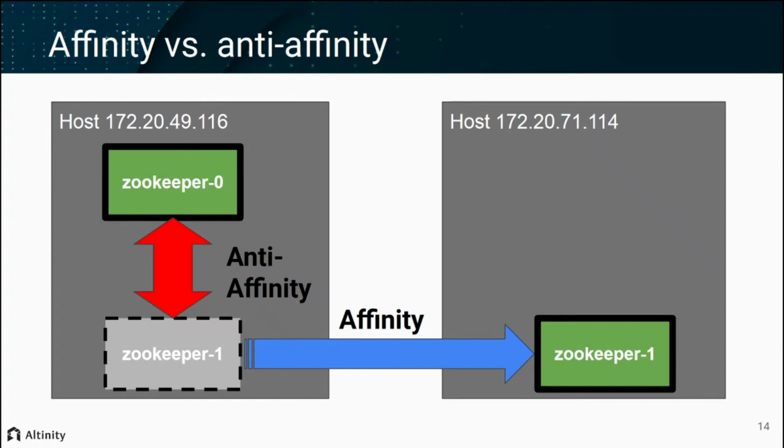In this particular case, we can use anti-affinity to keep 2 Zookeepers from showing up on the same node, in this case host 116 on the left. Similarly, we can use affinity to drive that Zookeeper 1 instance to a host that has particular characteristics that interest us.